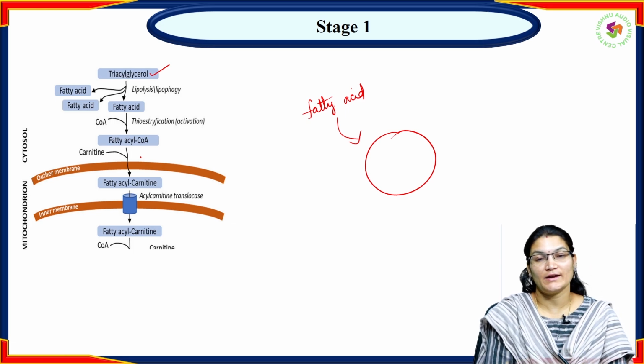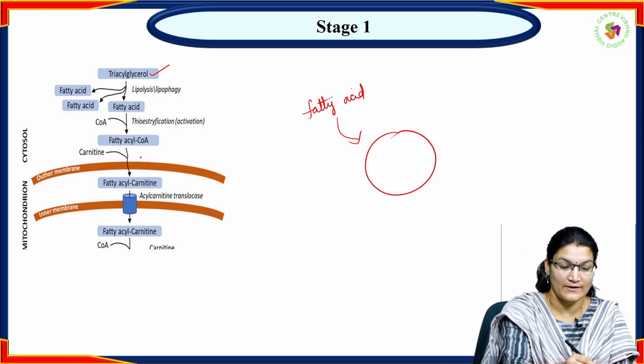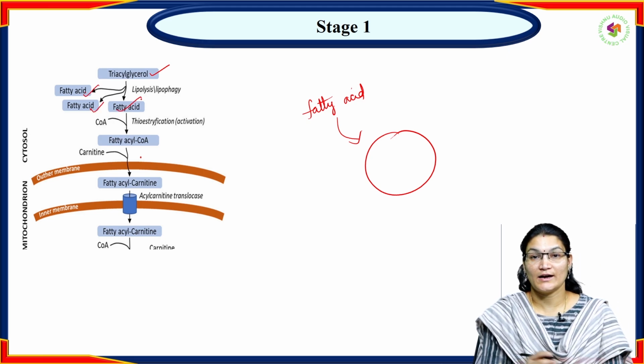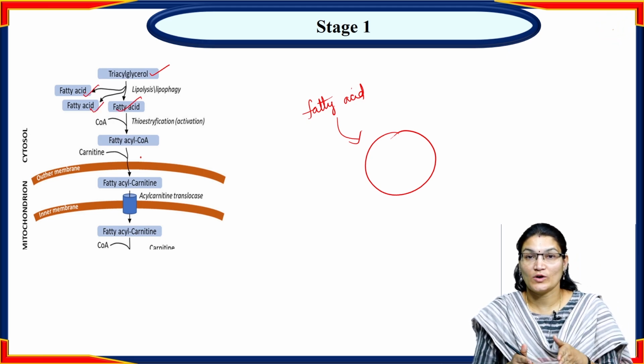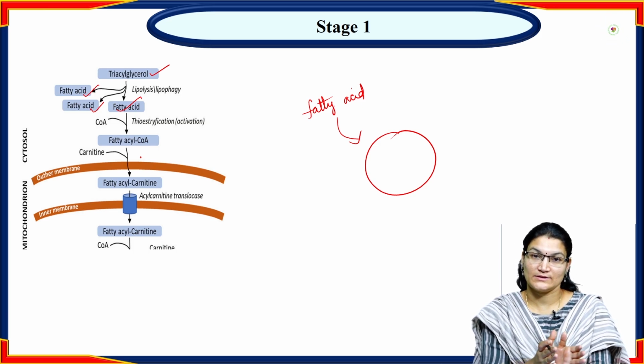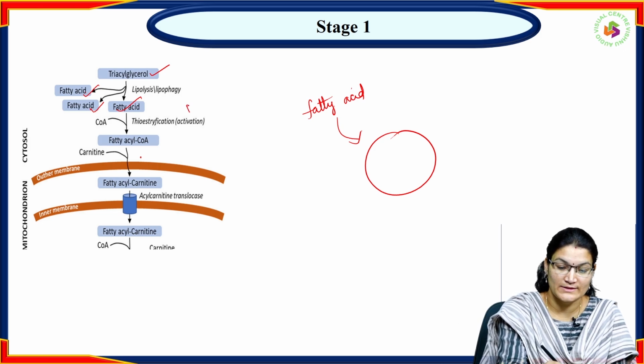This triglyceride has to break down into glycerol and 3 free fatty acids. Why? Because glycerol is a heavy molecule. It cannot percolate through the cell membrane. So when it breaks into glycerol and 3 different fatty acids, then only the fatty acid can enter into blood circulation.